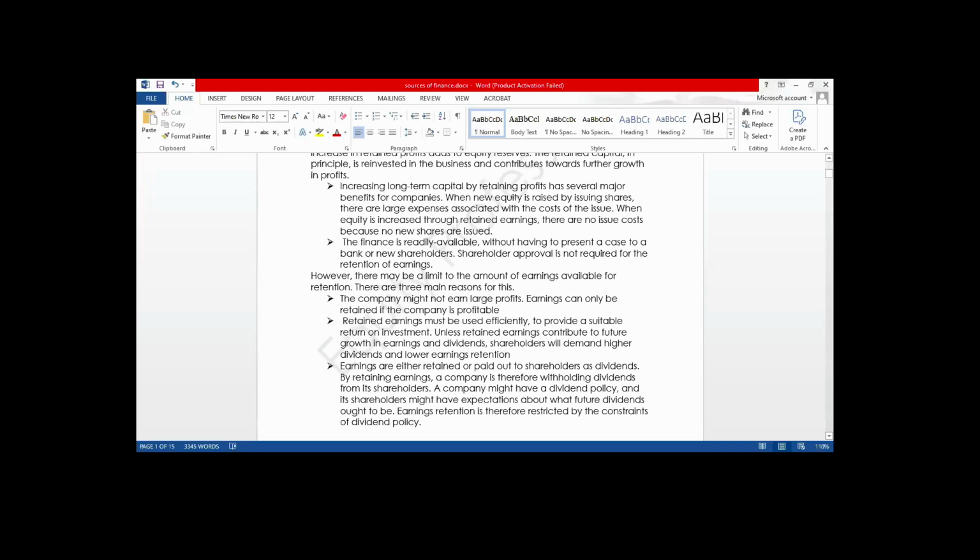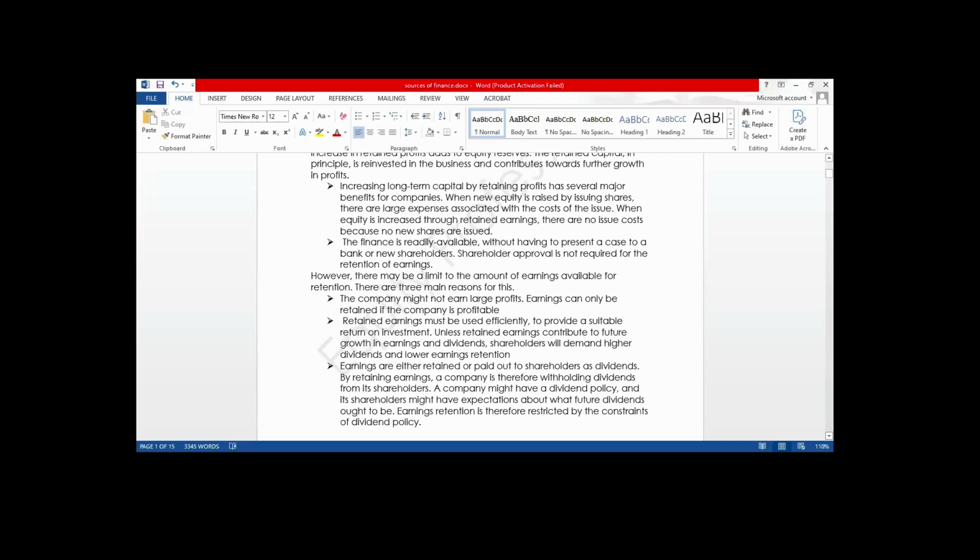If a company is retaining earnings, then the company should use the retained earnings efficiently to generate sufficient return to the investor. If you are retaining my money, please remember, retained earnings belong to the shareholders.